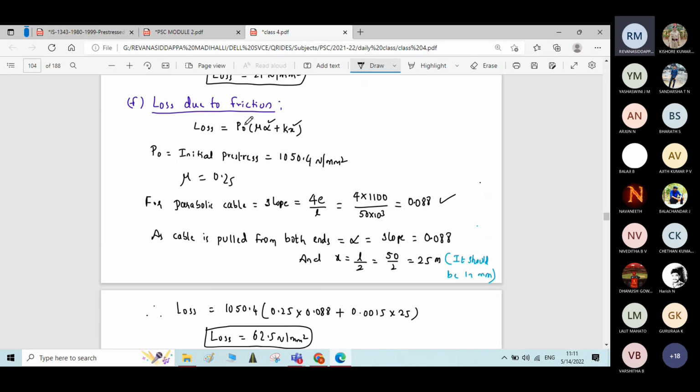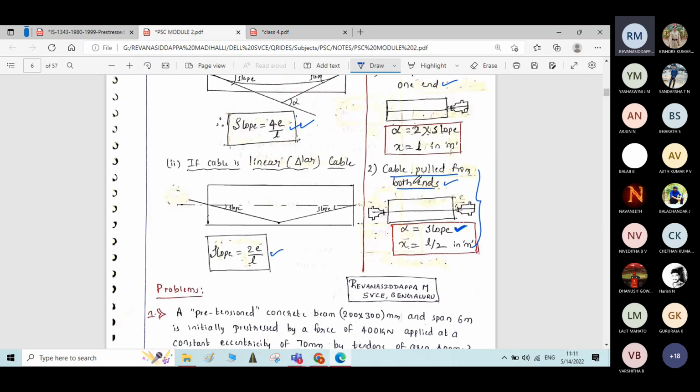Even the initial stress should be substituted in terms of Newton per mm square. Only the x should be substituted in terms of meter. Remember this. x is taken as L by 2 if the cable is pulled from both the ends, and alpha is equal to slope.